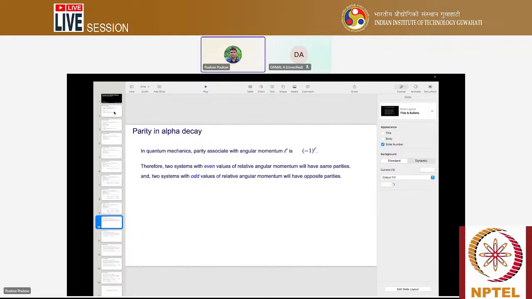And in quantum mechanics, wherever we have a system with an angular momentum, because of this orbital angular momentum, the parity of the system can be taken to be minus 1 power L. This is something which is difficult to explain today here.